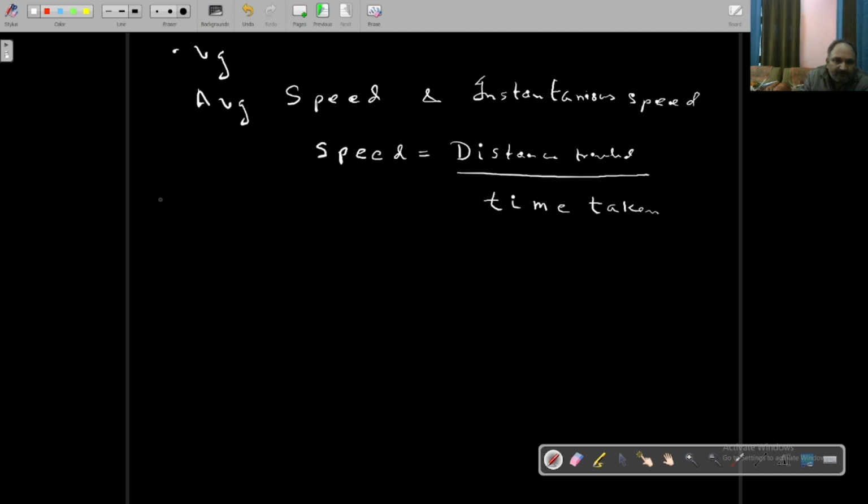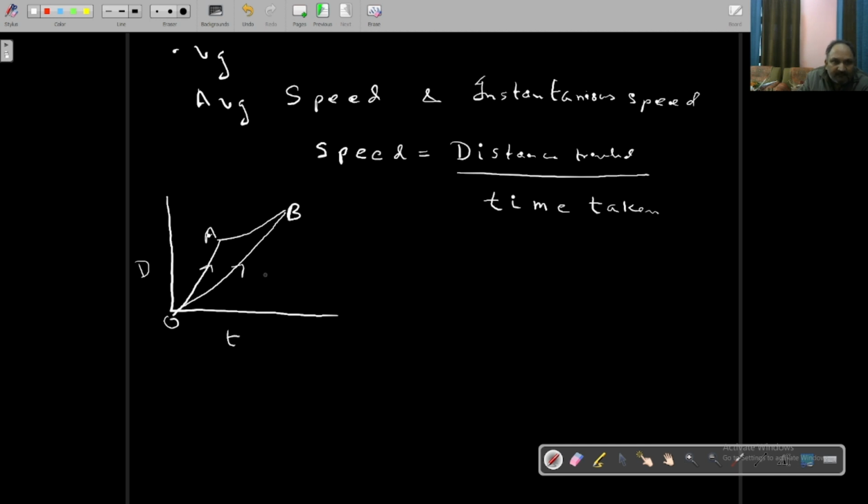Now again draw the coordinates with origin O, point A, point B, OA vector, OB vector. This is again a distance and time curve.